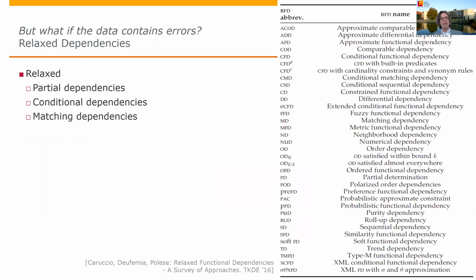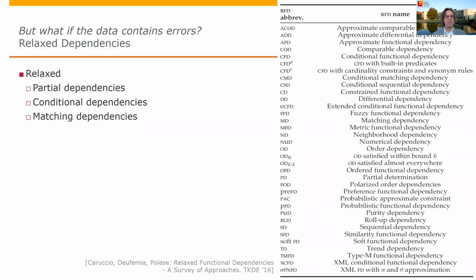Okay, next open question, what if the data contains errors? We're detecting dependencies on a given data set, but we all know there are errors in the data set, so of course the dependencies we're discovering might also be erroneous. So there's a whole big research area on relaxed dependencies. On the right-hand side, this is a table from a survey by some colleagues that gathered all kinds of relaxed dependencies.